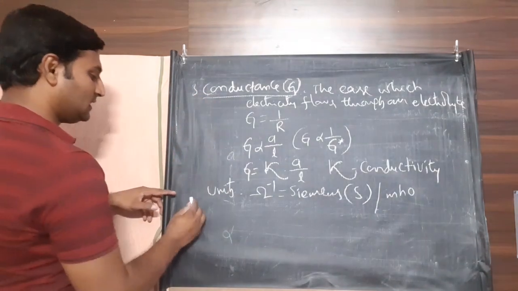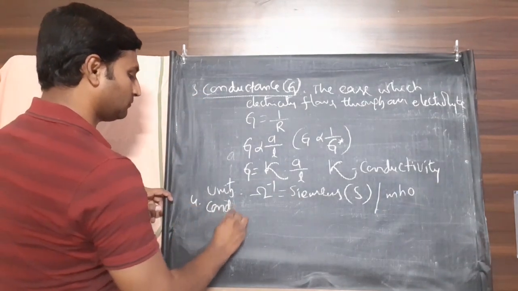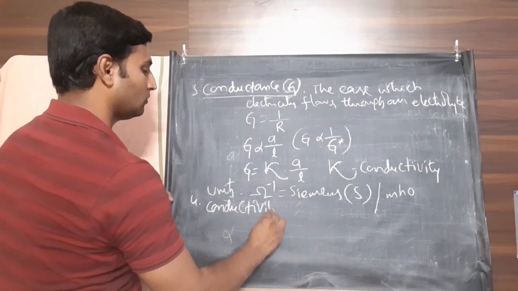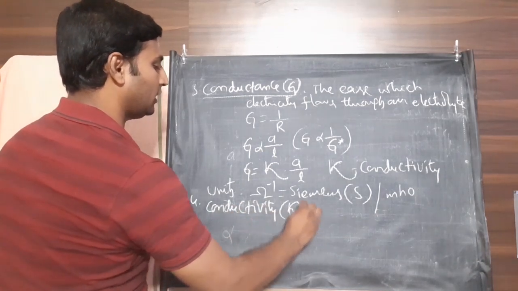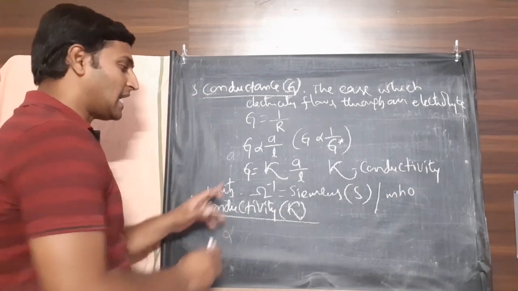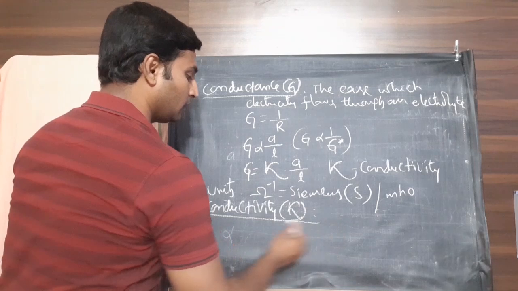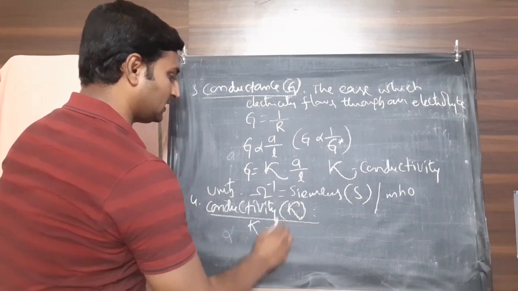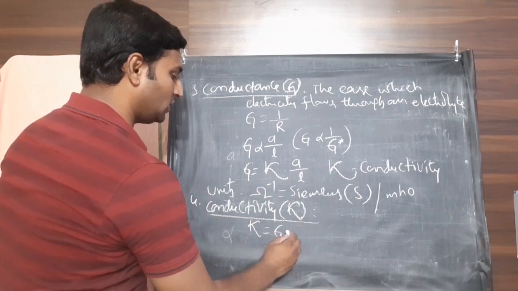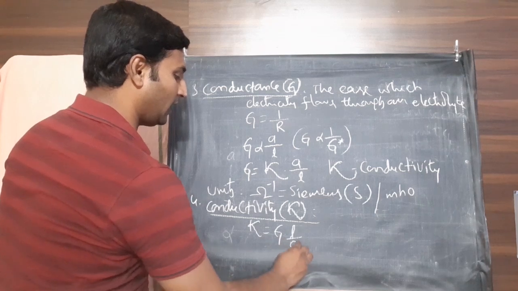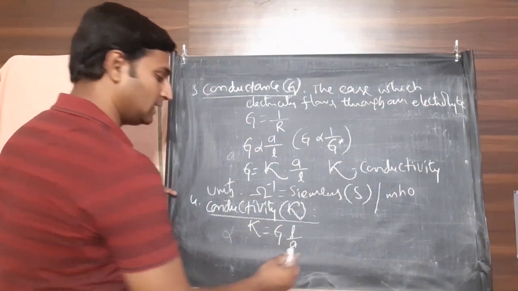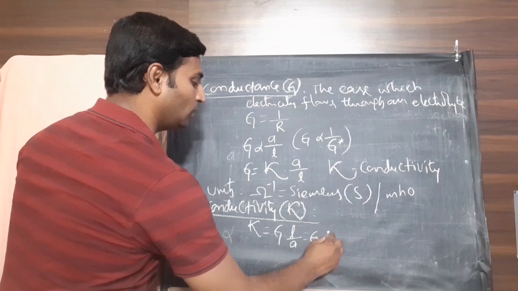Now, what is this conductivity, which is denoted by kappa? To understand it, let us take up this relation and get the expression for kappa. Kappa is equal to G into L by A, and you know L by A is nothing but the cell constant, so you can write G into G star.